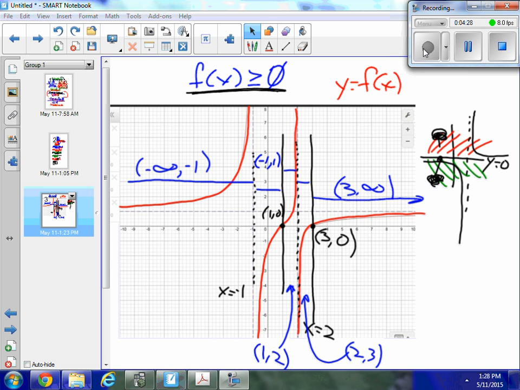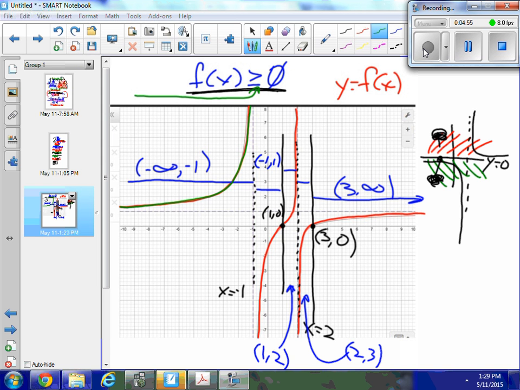So I'm looking at my graph, which is in red right there, and I'm going to mark in green now where in my graph it solves this inequality. Where in my graph are my y values greater than 0? Well, they are greater than 0 for this whole piece right here. They're not greater than 0 for the next interval.